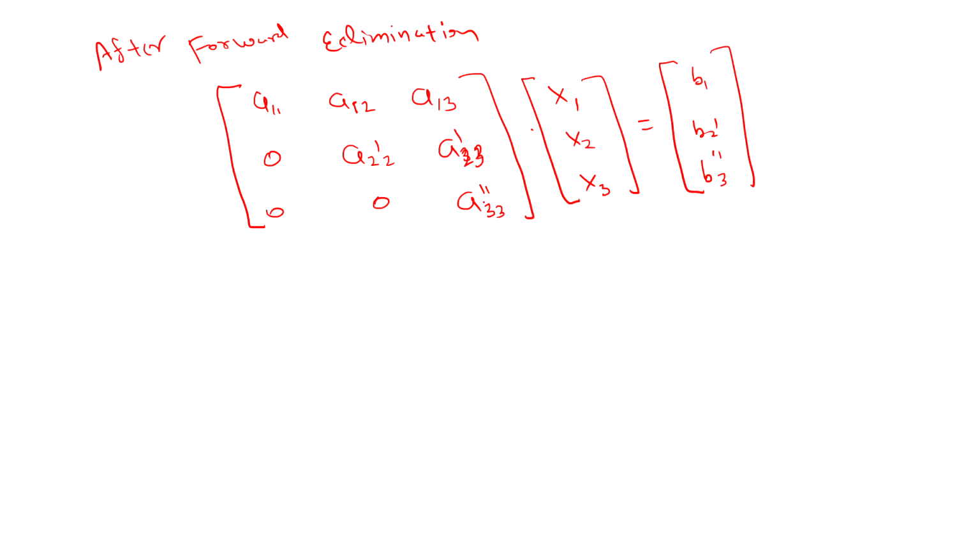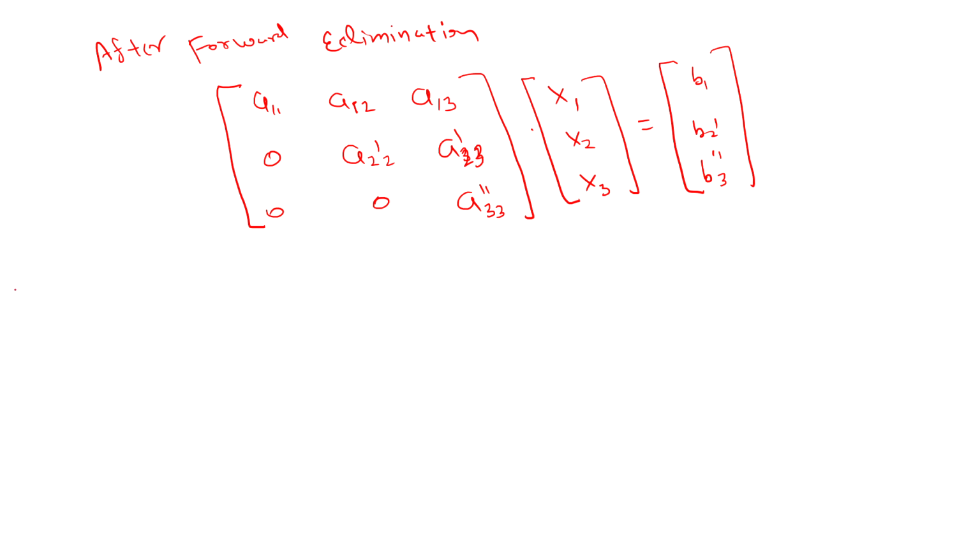Maybe in the previous slide I forgot to put this double prime on A33, but remember that after a row operation in that particular row, the elements will change as well as the coefficient in the B matrix will also change.